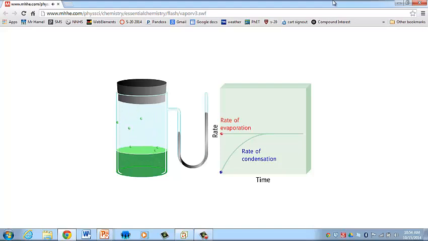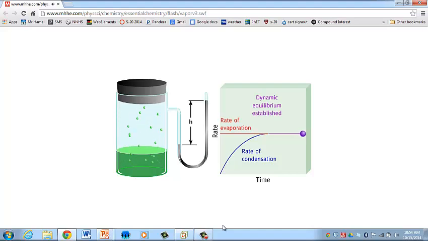As the concentration of molecules in the vapor phase increases, some molecules return to the liquid phase, a process called condensation. Eventually, the number of molecules leaving the liquid is equal to the number of molecules returning to the liquid. A state of dynamic equilibrium is reached as the rates of evaporation and condensation become equal.